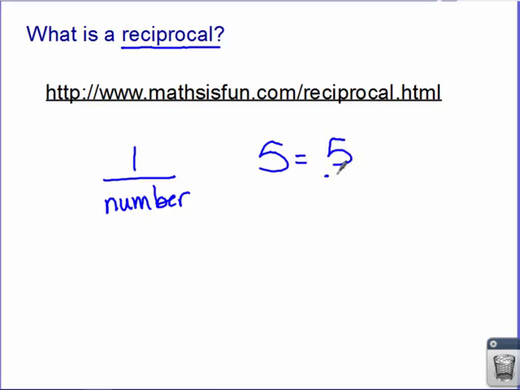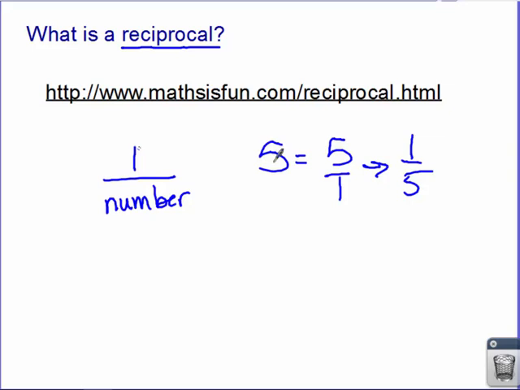So that would be 5 over 1. So then the reciprocal would be this thing flipped. Reciprocal is the same thing almost as an inverse. Okay, so we're going to invert 5 over 1 to make it 1 over 5. So the reciprocal of 5 over 1 is 1 over 5.